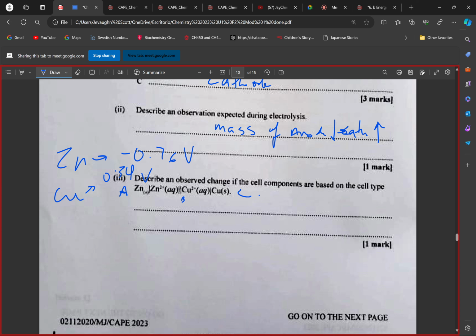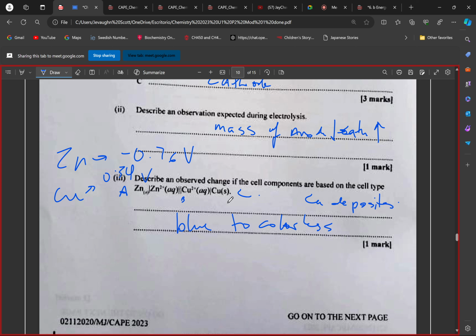That would mean we have a decolorization of the solution, so the solution turns from blue to colorless. And we'll also see the copper deposits. So that should be fine there.